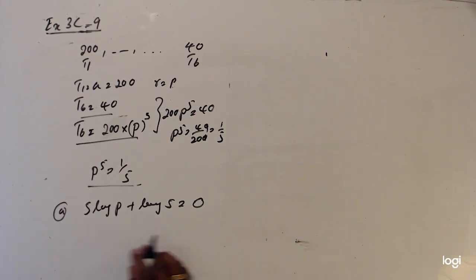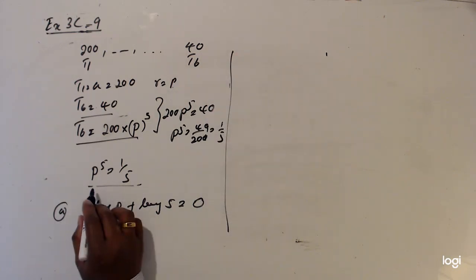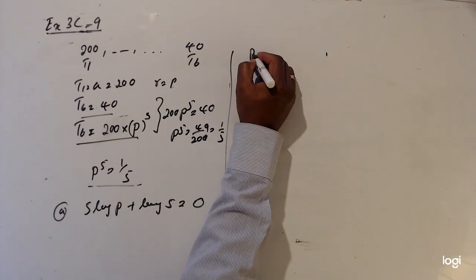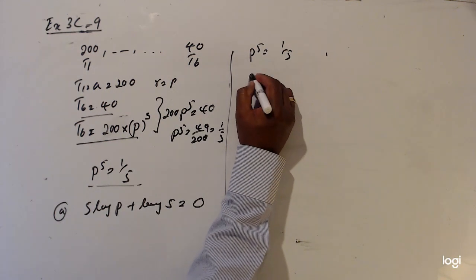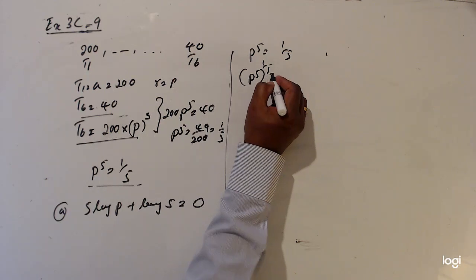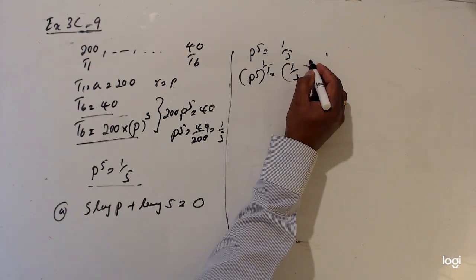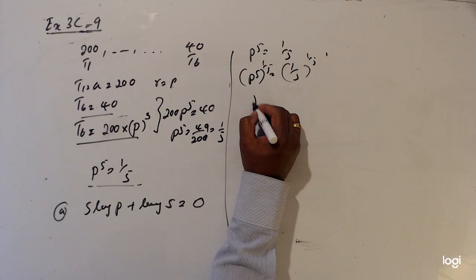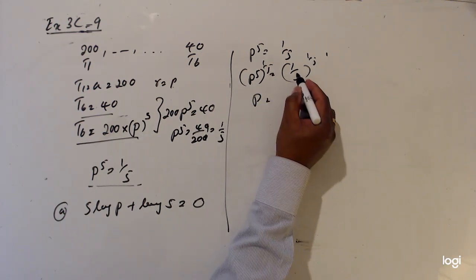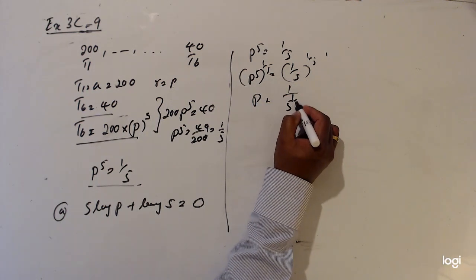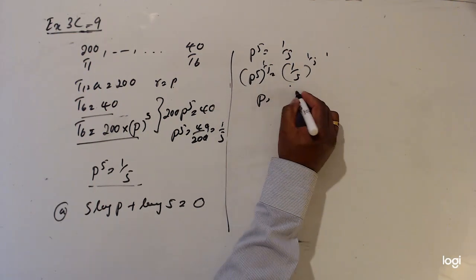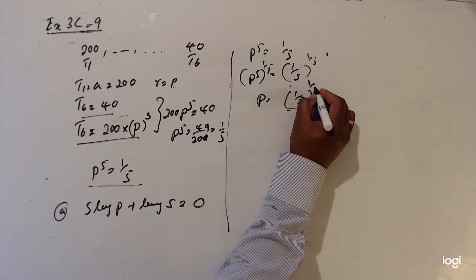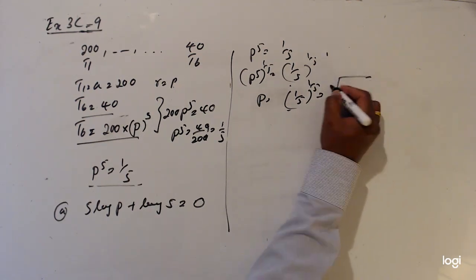Then the next part: hence or otherwise, find P. Otherwise we can simply find it, since P to the power 5 equals 1 over 5. So take the fifth root of 1 over 5. So P equals 1 over 5 to the power 1 over 5, the fifth root.